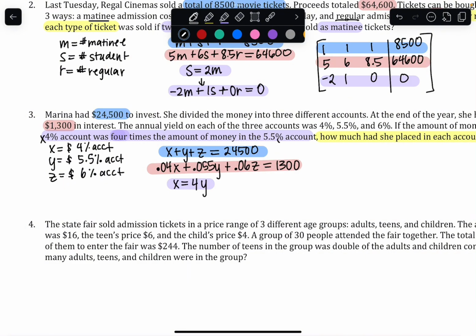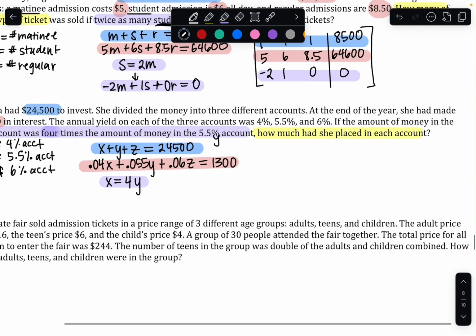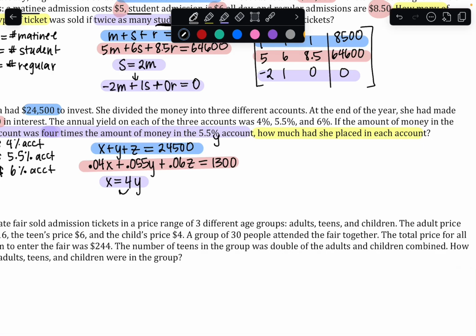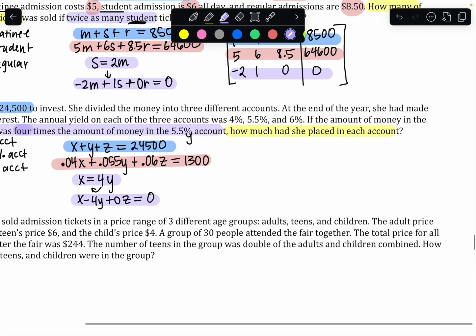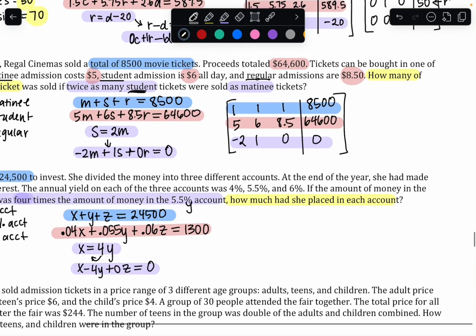The 5.5 was listed second. So it's going to be X equals 4Y. Right? And so we need to move this Y to the other side. Put 0Z as a placeholder. And since there's nothing left on the right side, it equals 0. You have to rearrange this equation in order to set up your matrix.